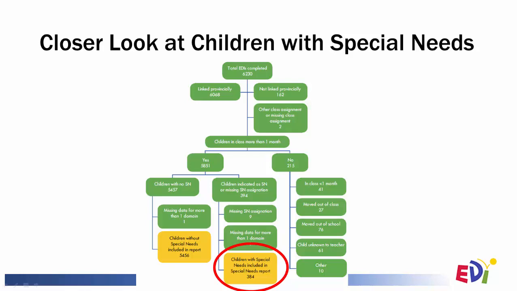For Cycle 5, 384 children in Waterloo Region were identified as having special needs. 72% were boys and 28% were girls. The special needs data is taken from pages 13 to 15 in the summary report from Offord. The report does include additional information that we won't be digging into today.